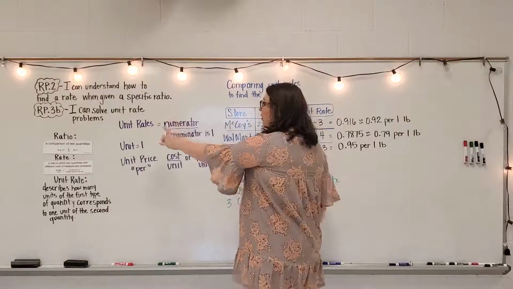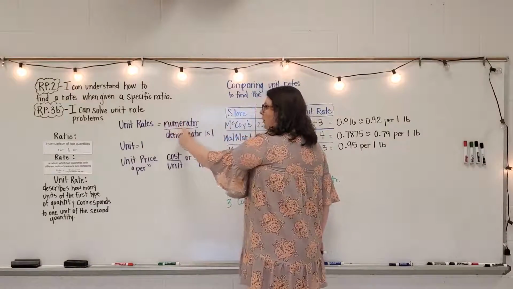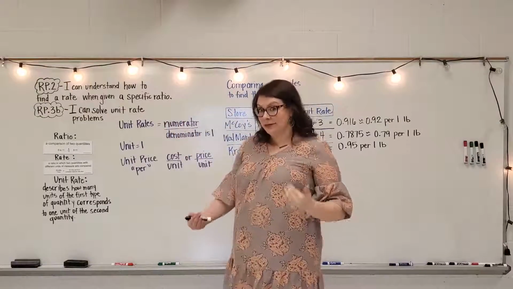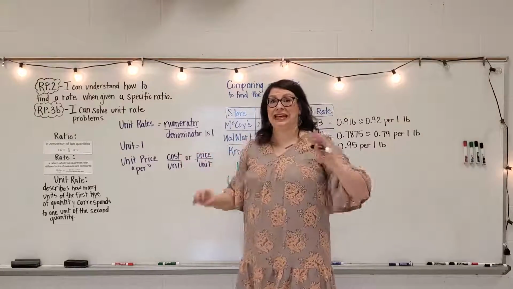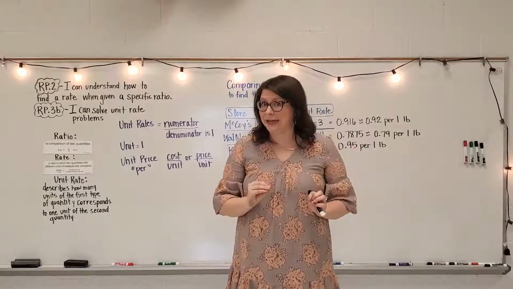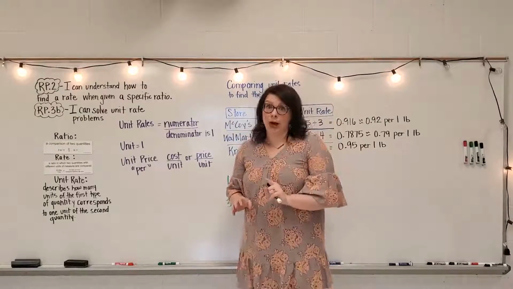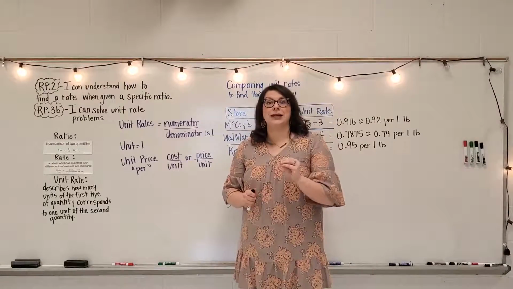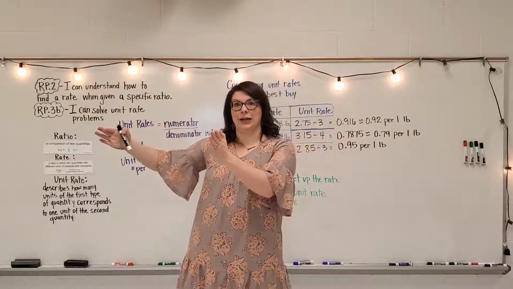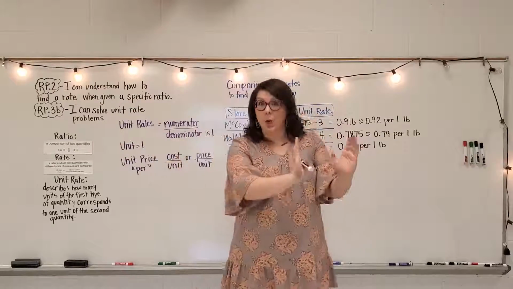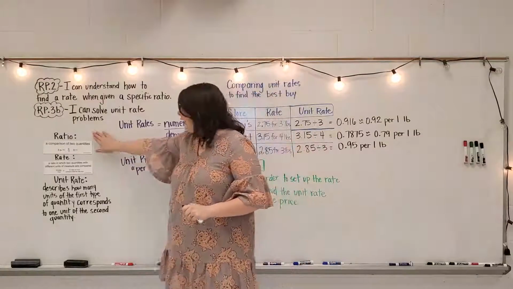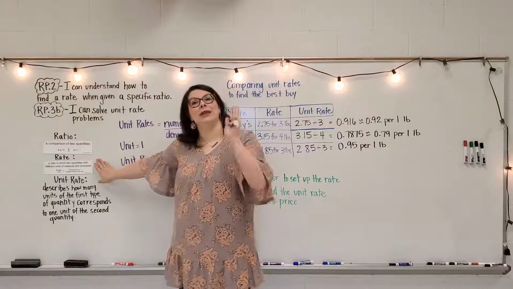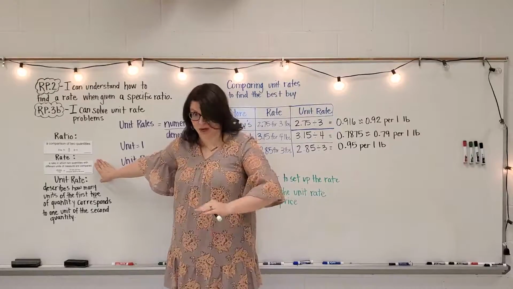So in a unit rate, we can write it as the numerator over the denominator, or the numerator being divided by the denominator. And if it's truly a unit rate, the denominator is 1. Because in a unit rate, you're trying to say, okay, how much of the first quantity can I get for 1 of the second quantity? All right, so a ratio leads into a rate, and if we get even more specific, it becomes a unit rate.